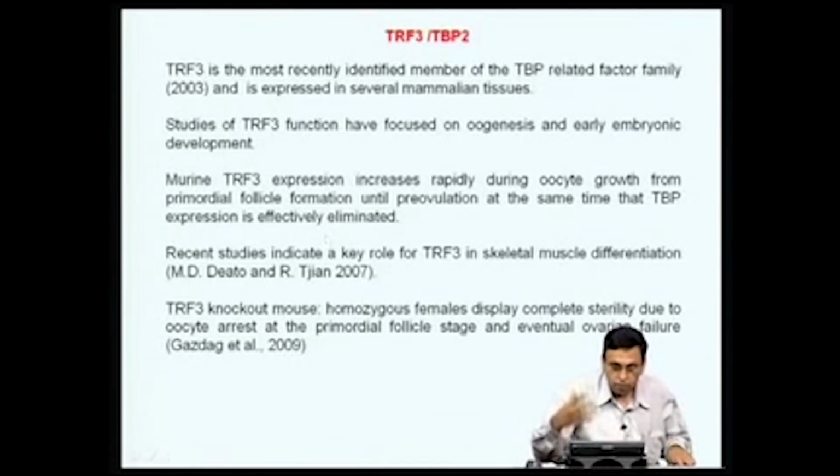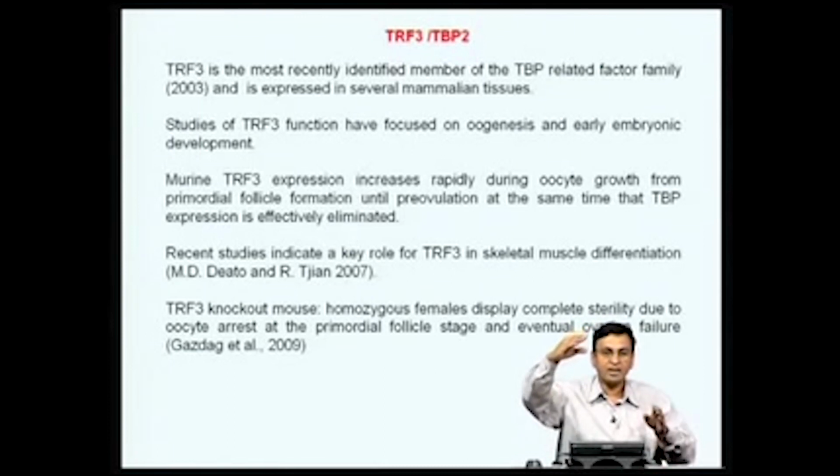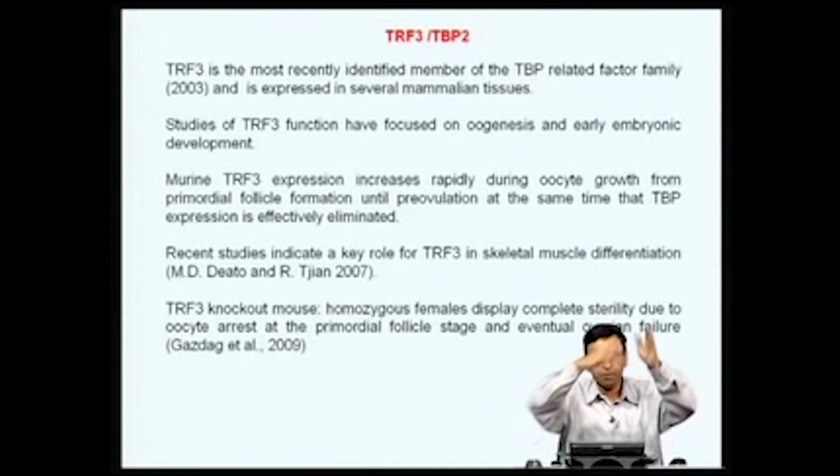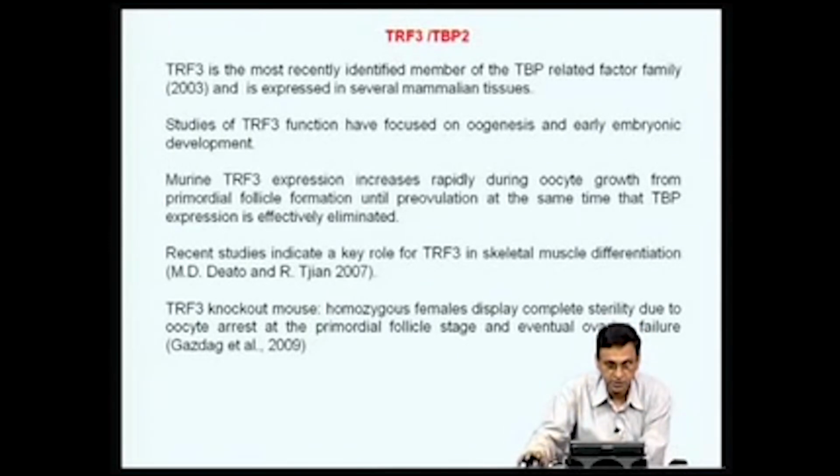During the oocyte growth in the mice, it turns out during the primordial follicle formation, the expression of TRF3 goes up, and at the same time the expression of TBP comes down, indicating that the TBP function is taken over by TRF3 at this specific stage of oogenesis.